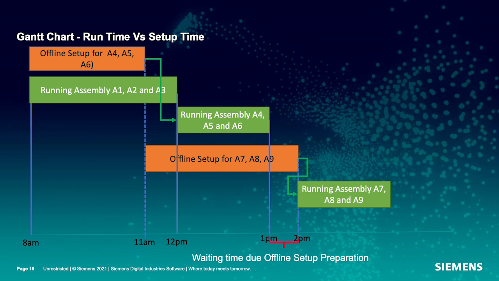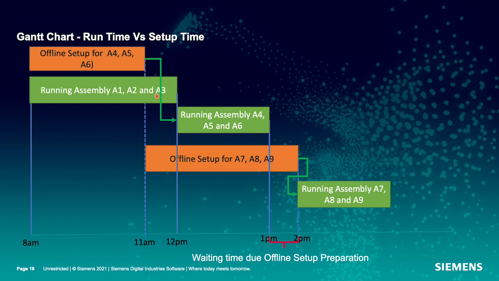I've put together a very simple Gantt chart to help us visualize runtime versus setup time. In my example, the line is already producing assemblies A1, A2, and A3, and the offline area is preparing my next setups for A4, A5, and A6 assemblies.